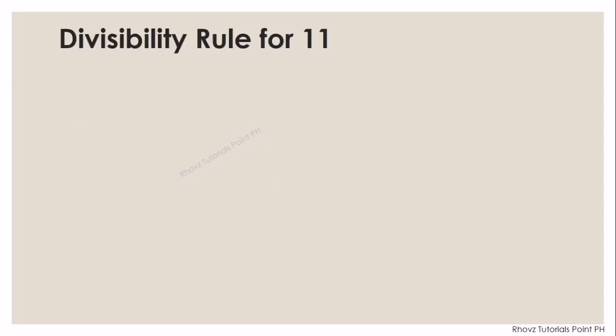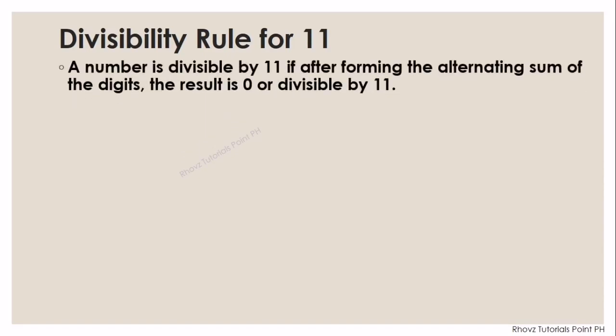And next, divisibility rule for 11. A number is divisible by 11 if after forming the alternating sum of the digits, the result is 0 or divisible by 11. Okay. So, let's try 918,082. So, sabi niya alternating sum.